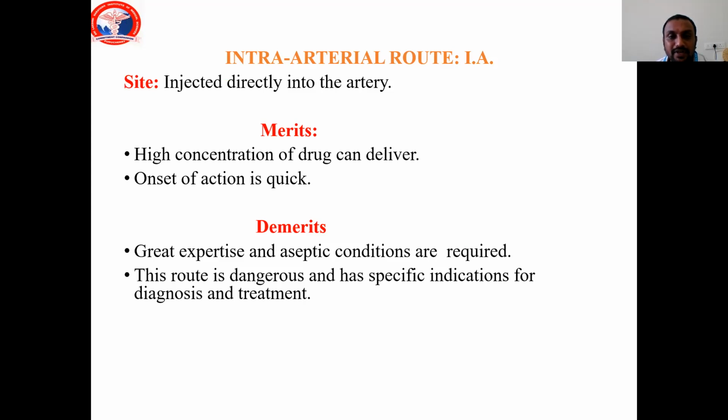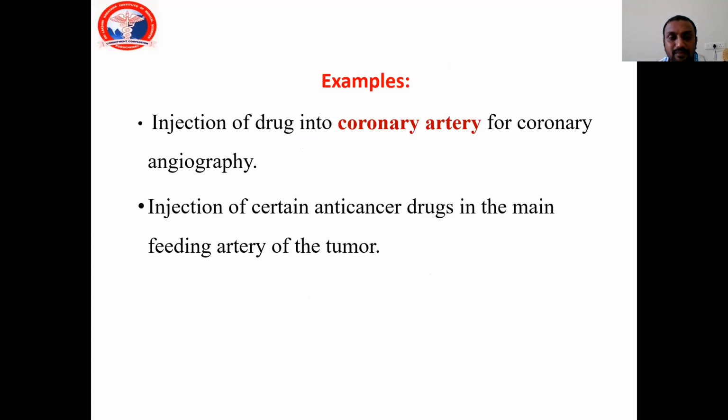The demerits of the intra-arterial route are that great expertise and aseptic conditions are required, and this route is dangerous and has specific indications for diagnosis as well as treatment. Examples are injection of a drug into a coronary artery for a coronary angiogram, or injection of certain anti-cancer drugs into the main feeding artery of the tumor.